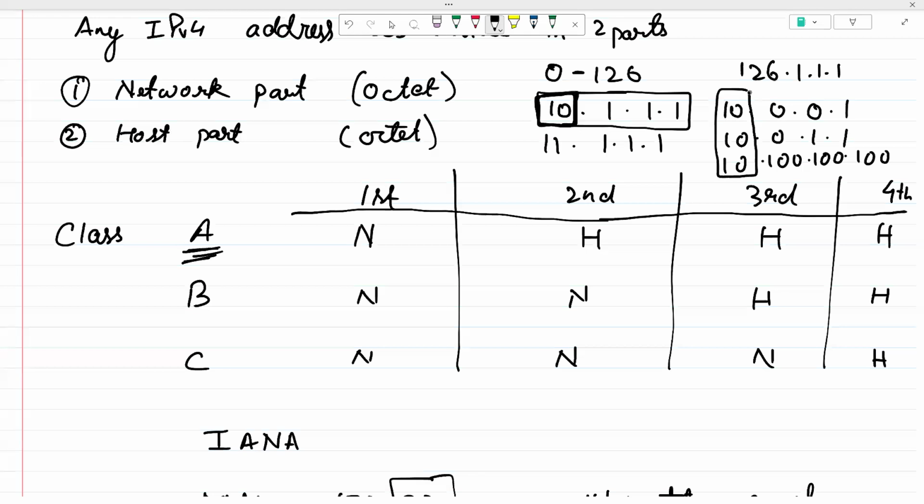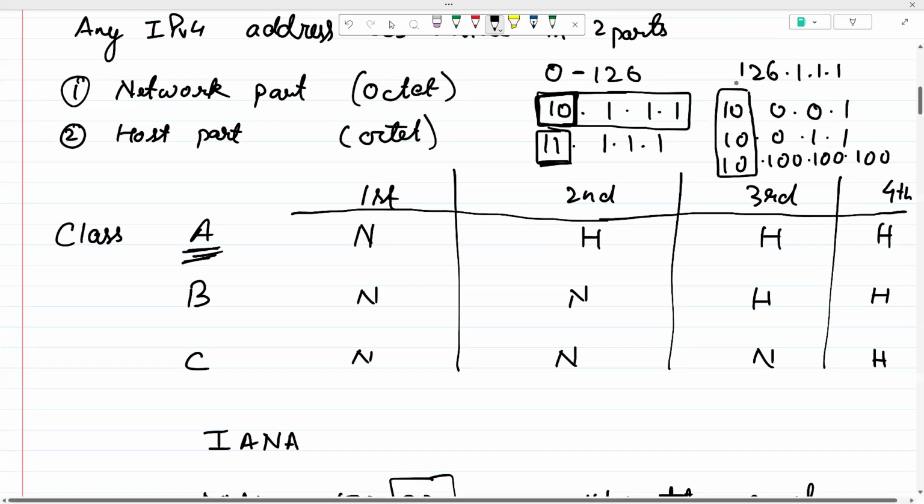Similarly, any class A IP address will belong to the same network octet, that is the first octet.